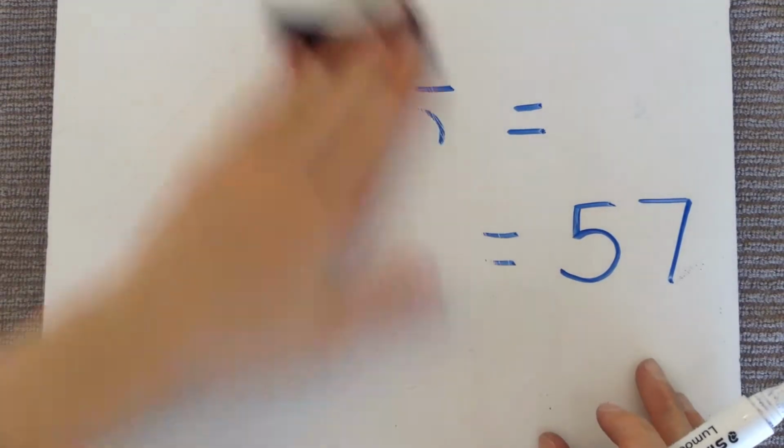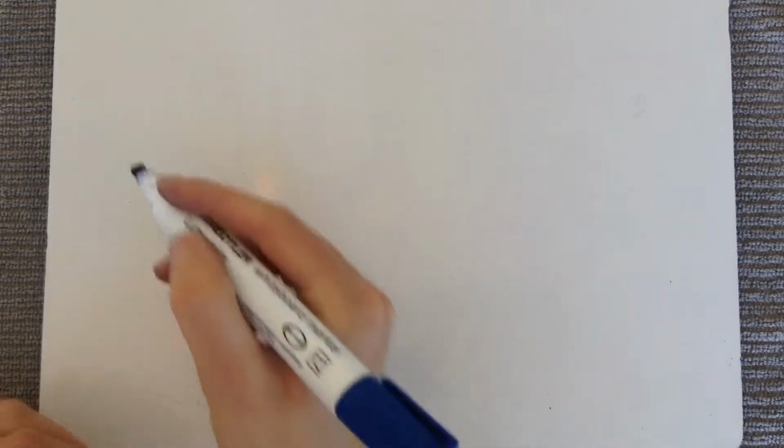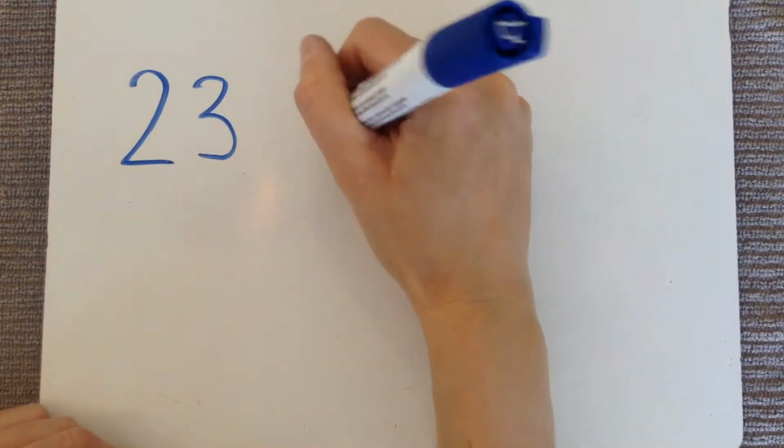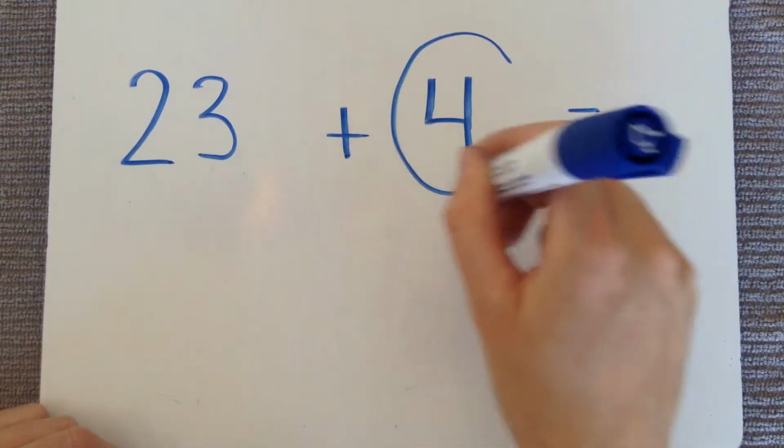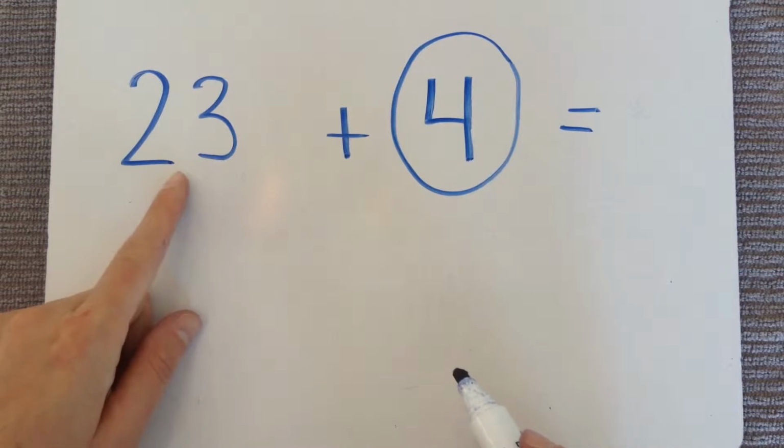Let's take a look at one last one before we go. When we were talking about plus 4 questions, we learned 4 is the same as 2 and 2. So let's apply this to questions that use odd numbers. 23 plus 4 equals. Even though it's an odd number, we can still count by twos.